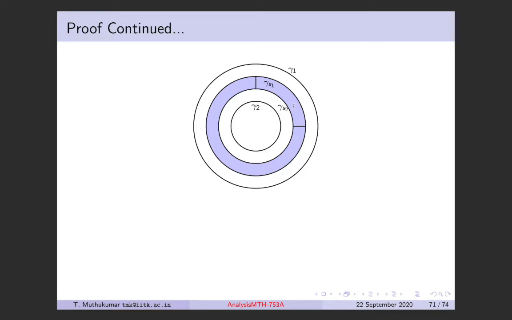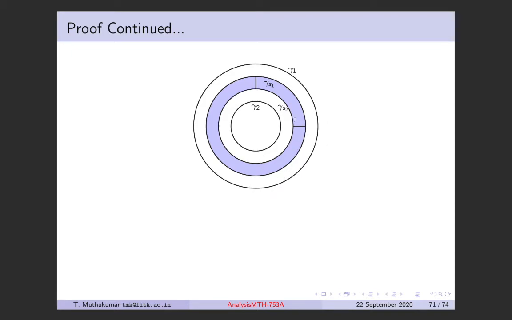This is precisely the region which is within epsilon distance, and this entire region is covered by disks of radius 2 epsilon, right? So this region, which is within epsilon distance, is sitting inside those disks.